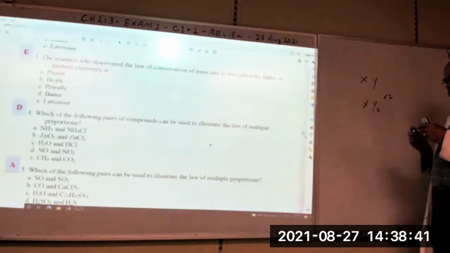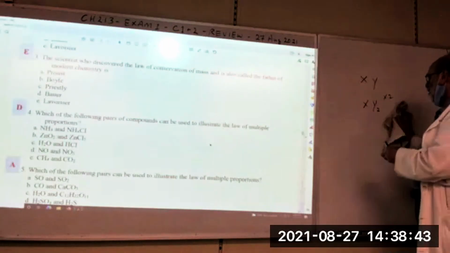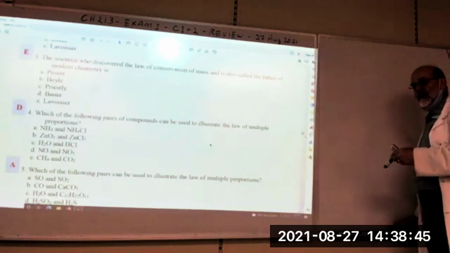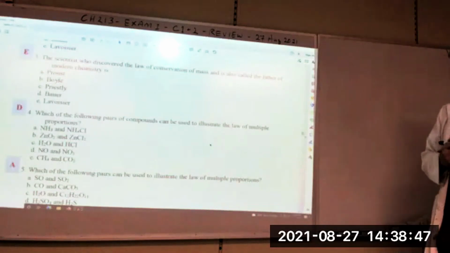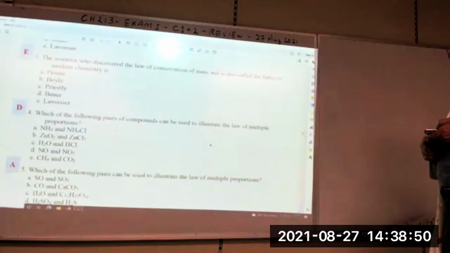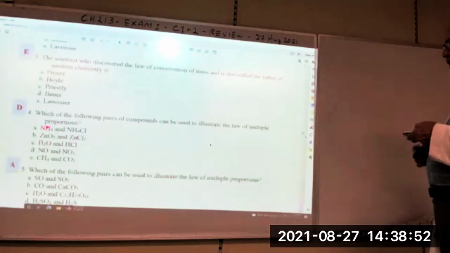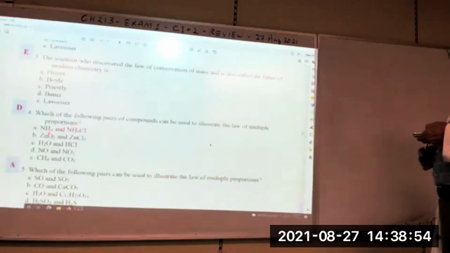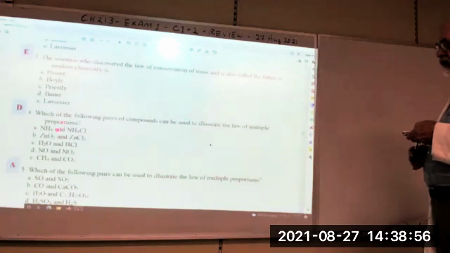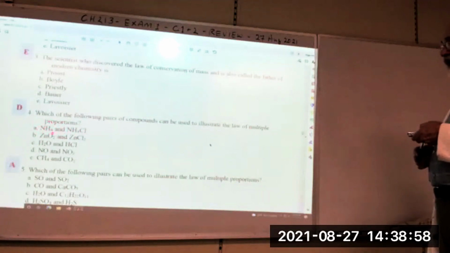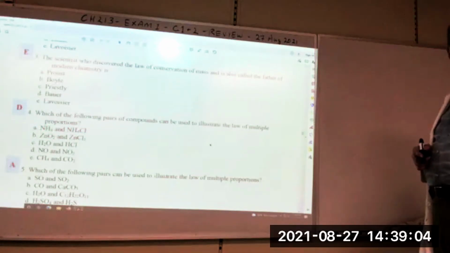That's multiple proportions. So we need the two parts, X and Y, to be the same. Right? So here we have ammonia and ammonium chloride. That won't work, because ammonium and ammonium here are not paired with another chlorine. So that can't work.